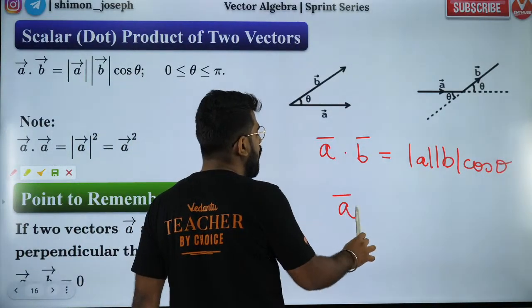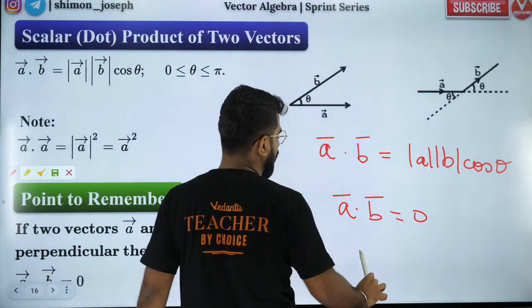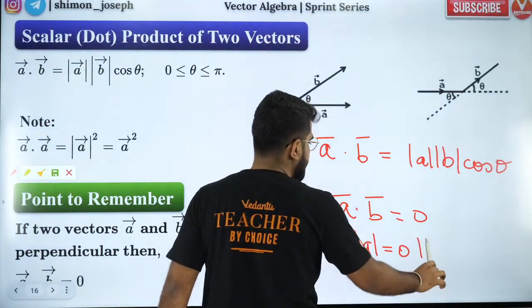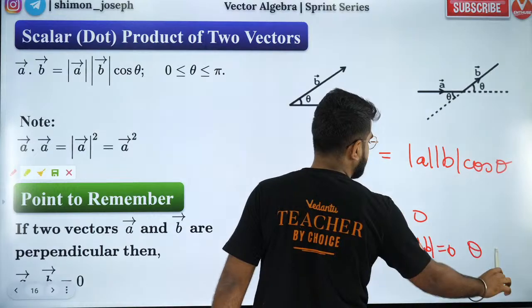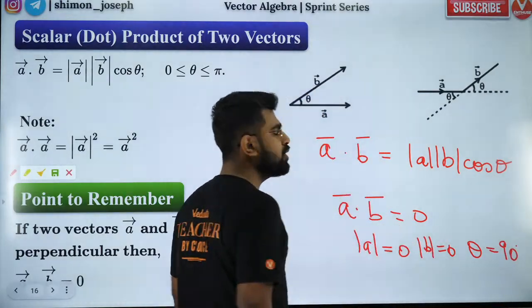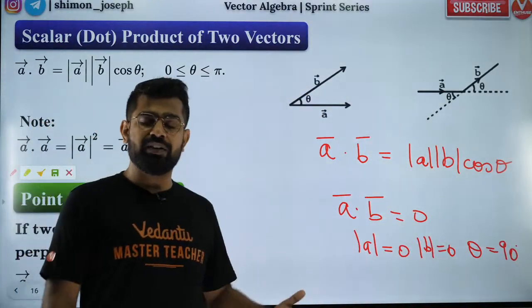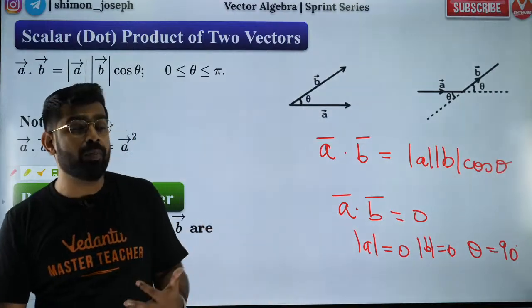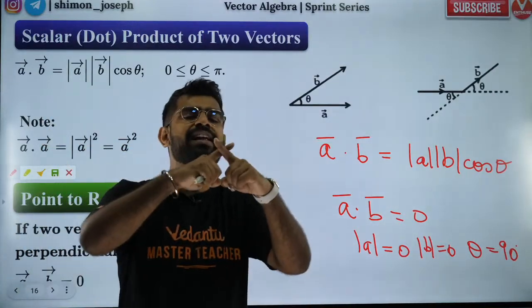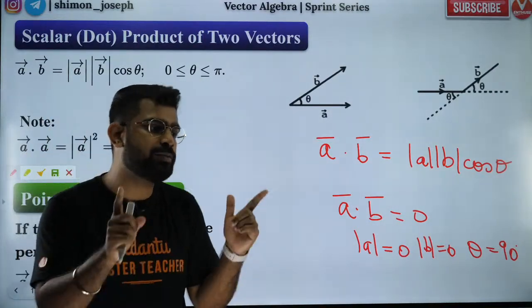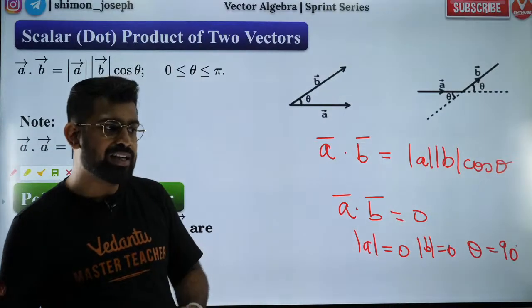If A dot B is 0, it means either mod A is 0 or mod B is 0 or theta is 90. So when the dot product is 0 and the vectors are not 0, then the angle between them is 90. Two perpendicular vectors, their dot product will always be 0. Very important. Are you all clear with that?